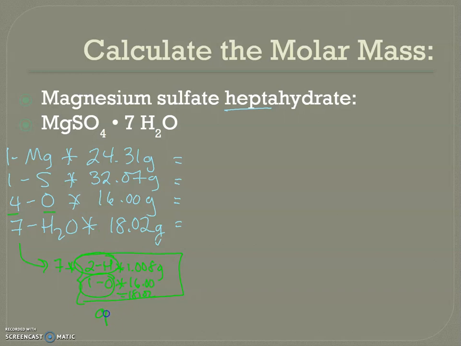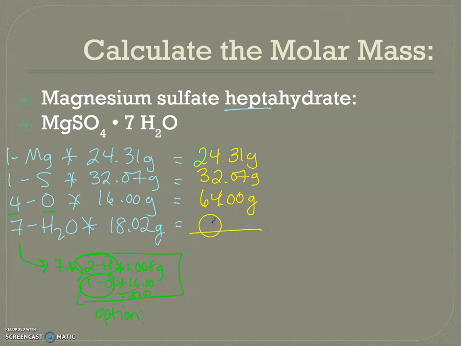So this is an option for you if that makes a little bit more sense. Okay? Then you multiply your 24.31 across, 32.07 times 1, 4 times 16 is 64, and you end up getting your water molecules.